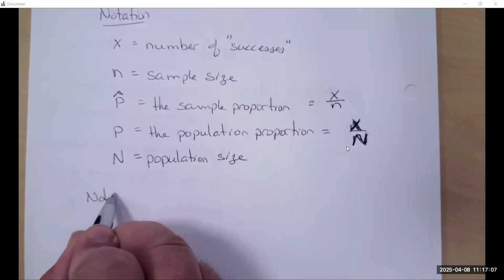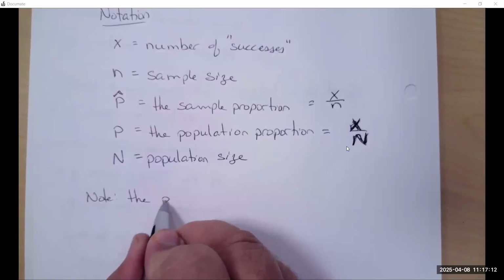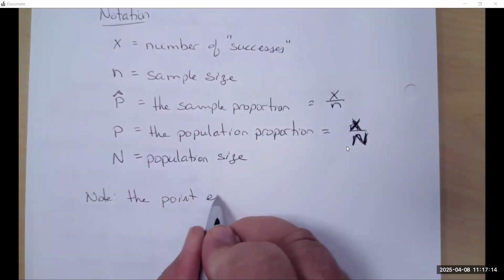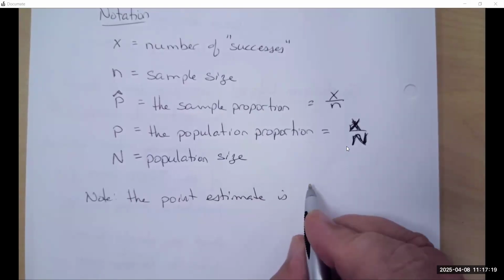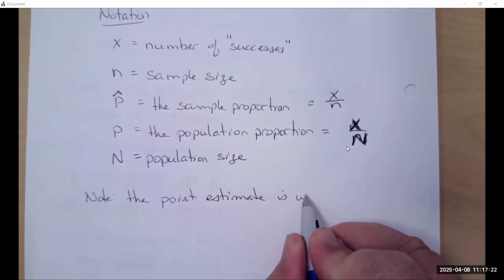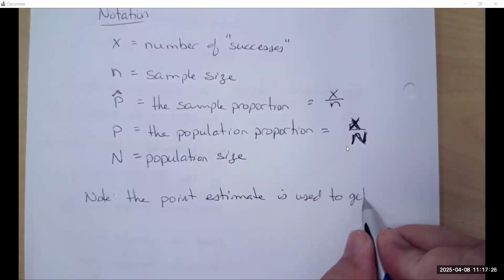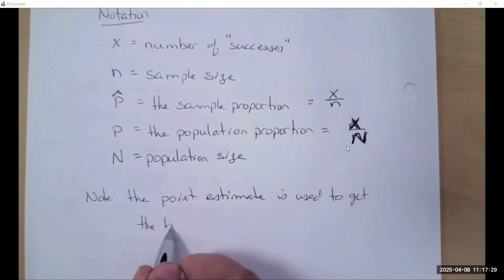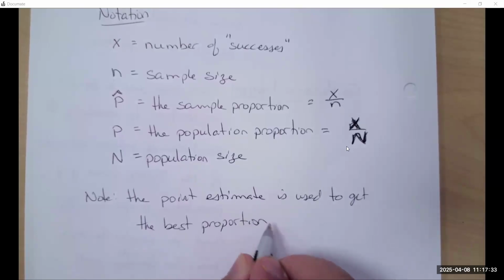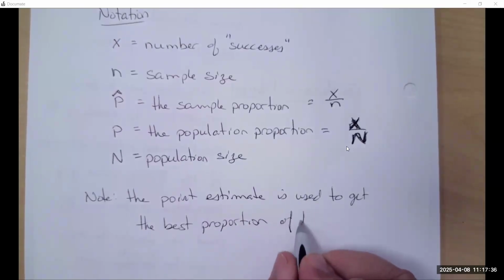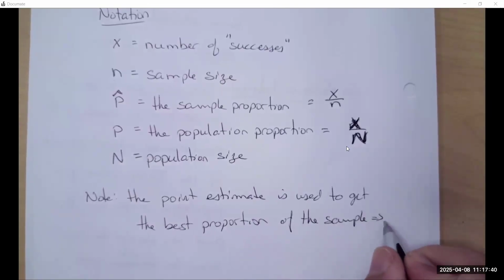Note: the point estimate is used to get the best proportion of the sample, and then of the population.